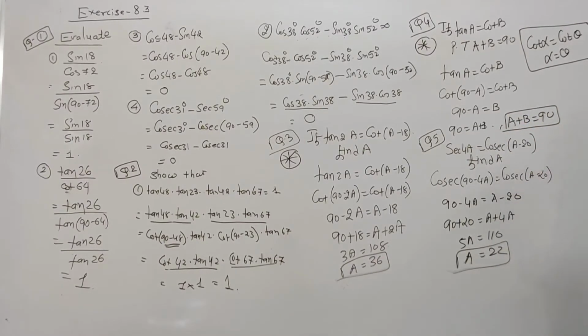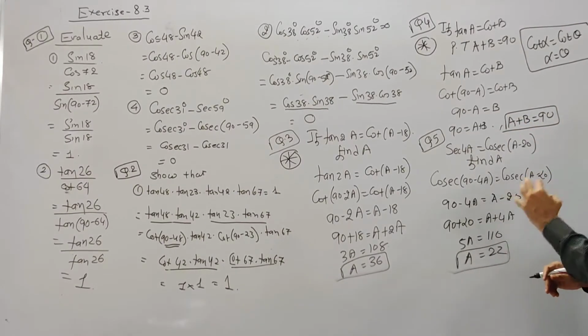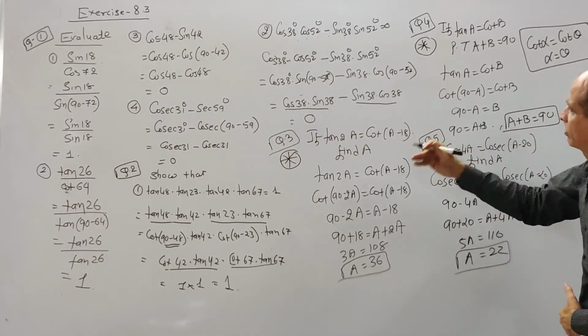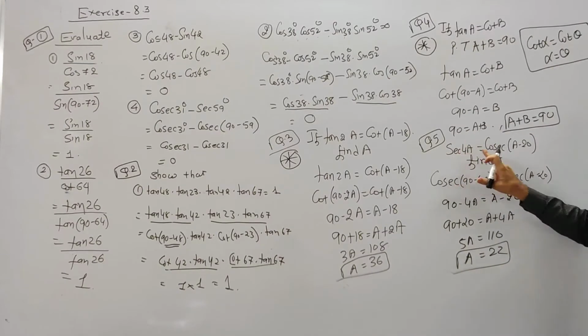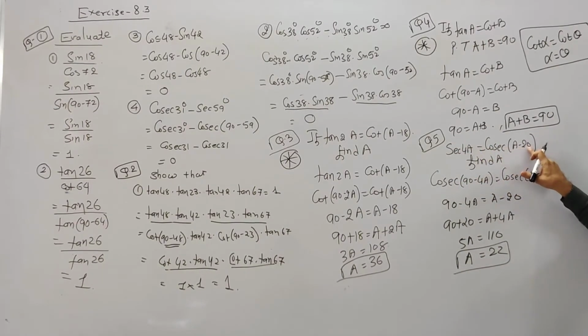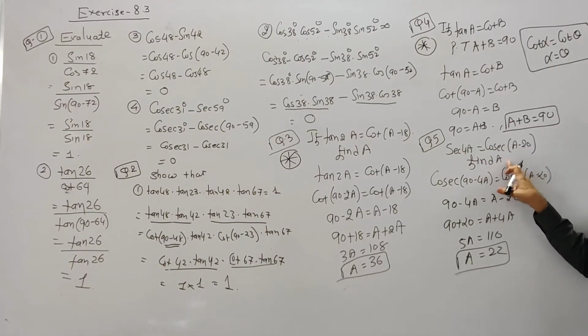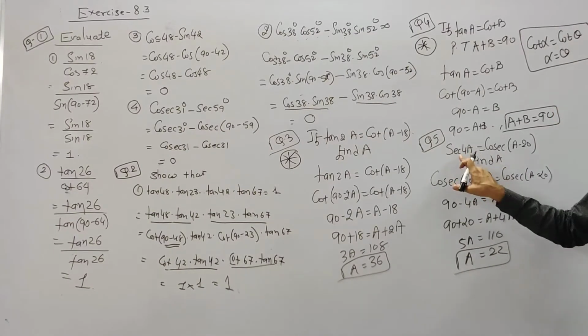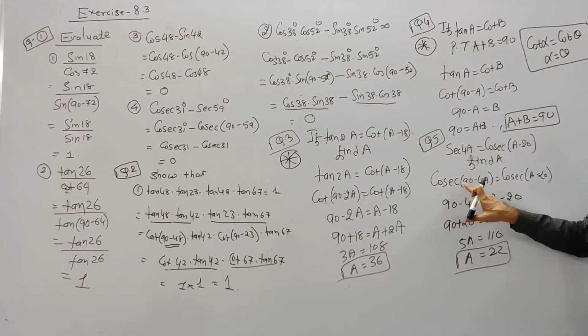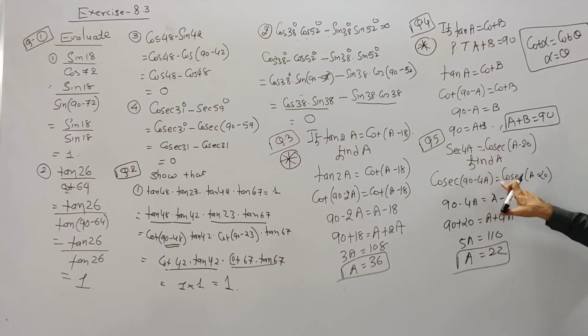Now, question number 5. It is also on the basis of the same concept. Example number 3, question number 4, question number 5. Sec 4A is equal to cosec (A minus 20). Find the value of A. So let me convert sec into cosec. So sec 4A is equal to cosec (90 minus 4A) is equal to cosec (A minus 20).